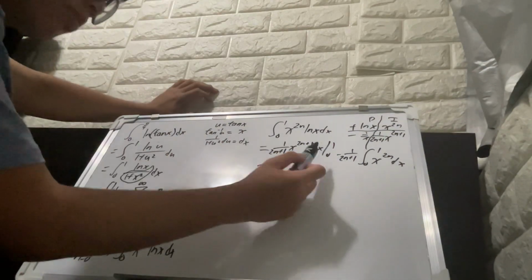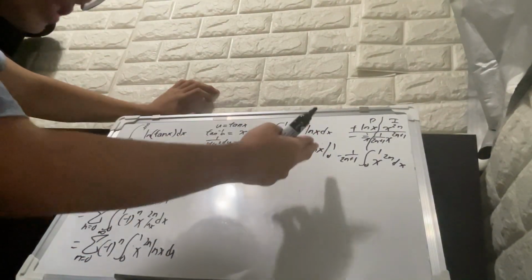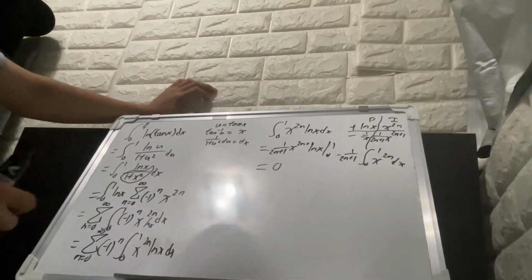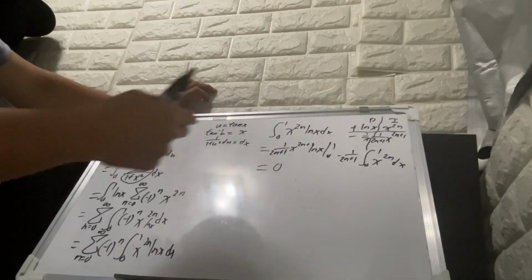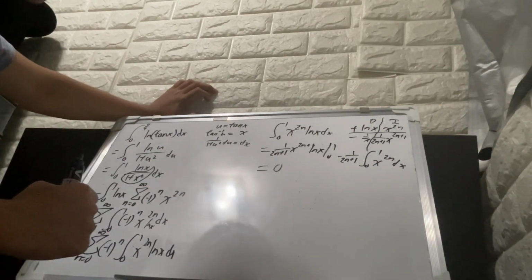And if you plug in 0 plus, ln 0, when you put 0 plus inside, it goes to negative infinity. And 0 times negative infinity is an indeterminate form.